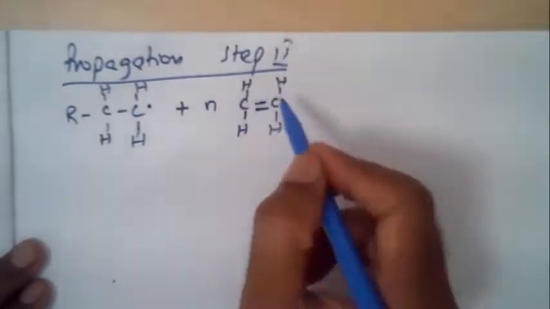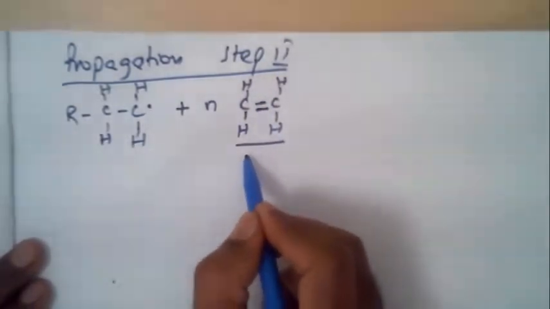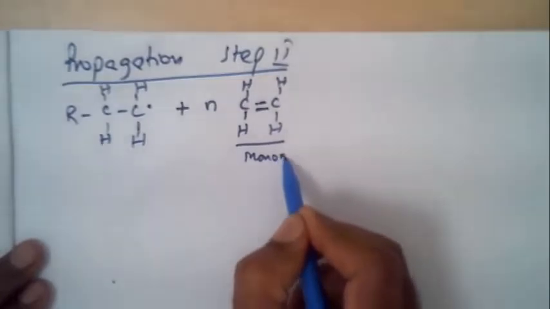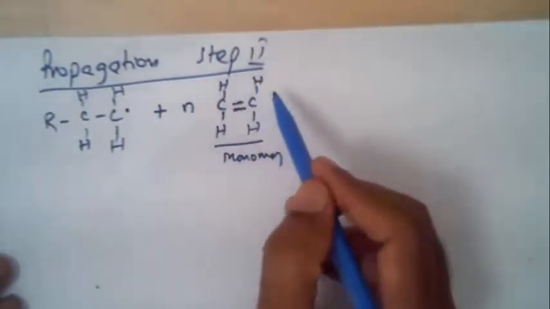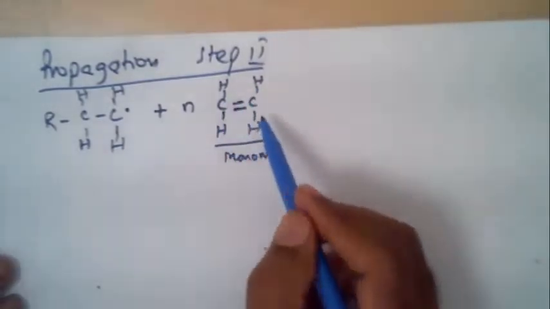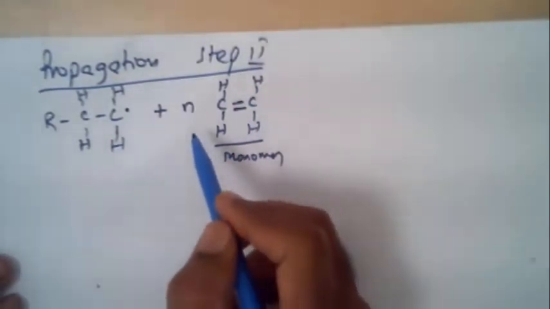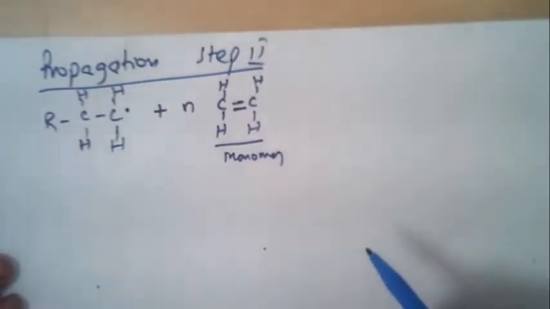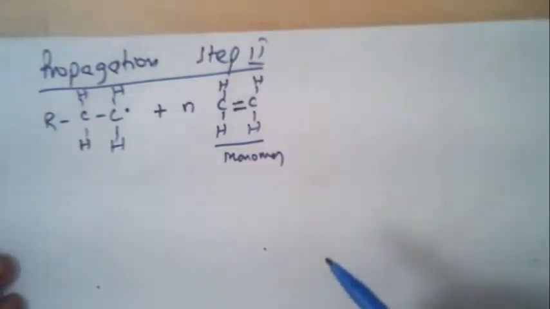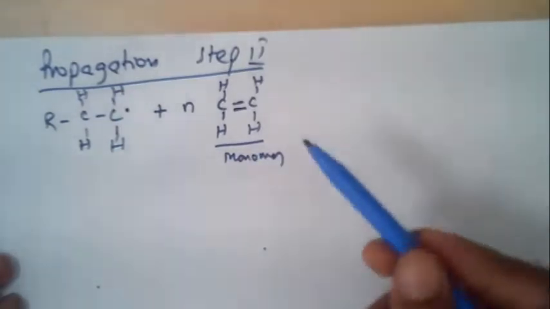This is your monomer. There are many such molecules in a solution, or in an emulsion or whatever polymerization it undergoes.